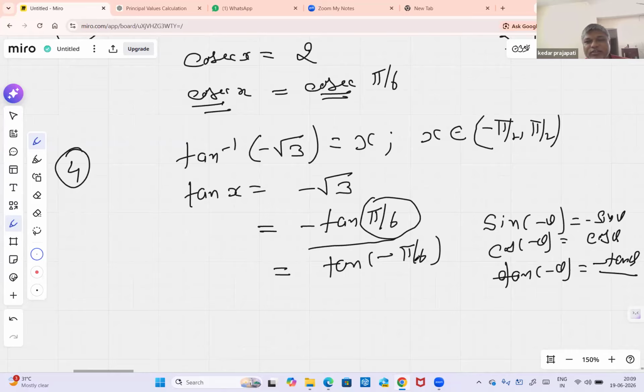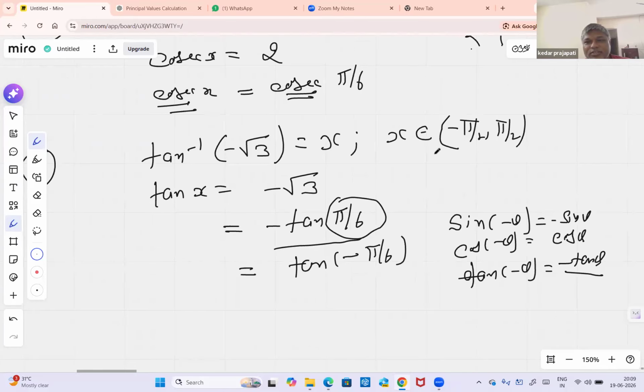Now I only need to check whether this comes in this range. It's coming. Here the range is minus 90 to 90, correct? Yes, sir. We will not include minus 90 and 90.